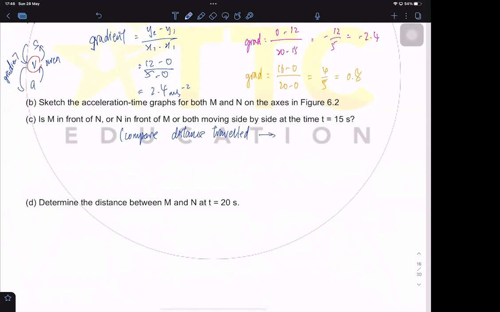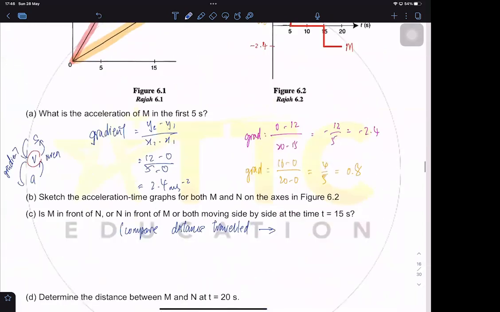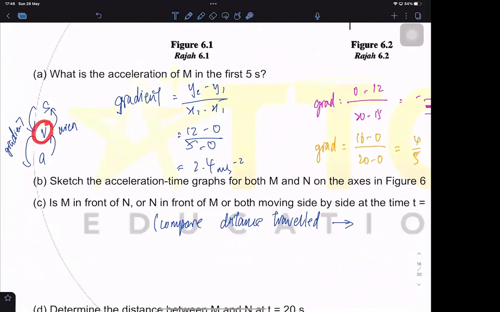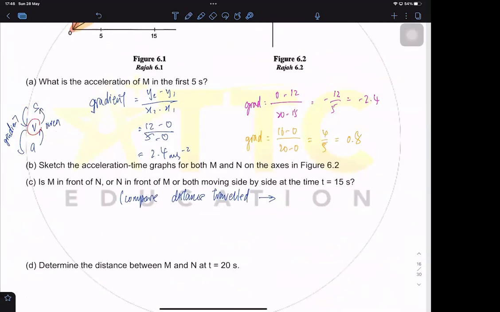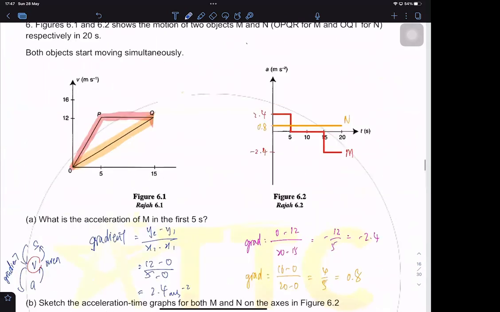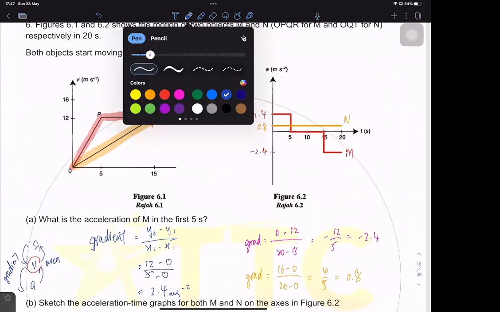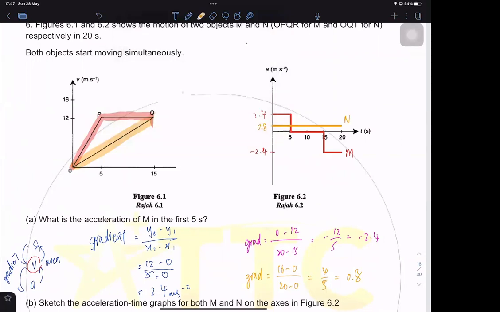And what exactly is the distance traveled? Back to our SVA, to find distance, you got to move up. That means you need to compare the area. The distance traveled is the area. So compare the area of the two. This is the area of Norway, and this is the area of Malaysia.